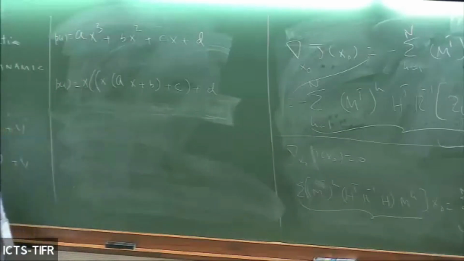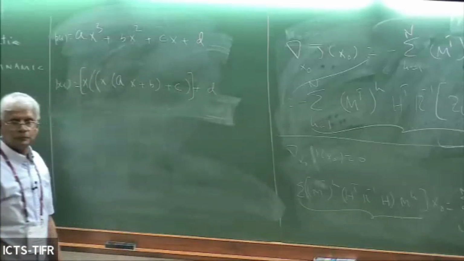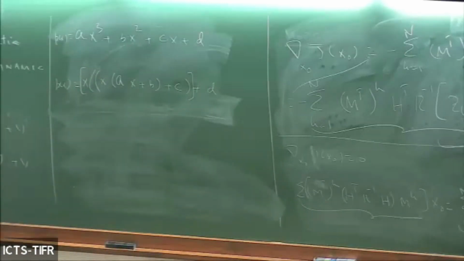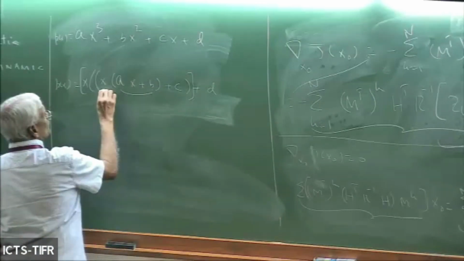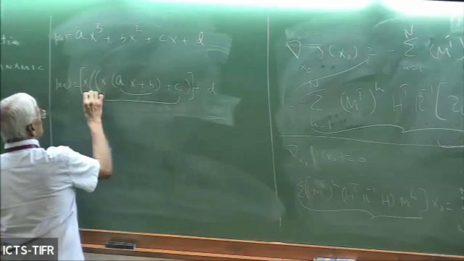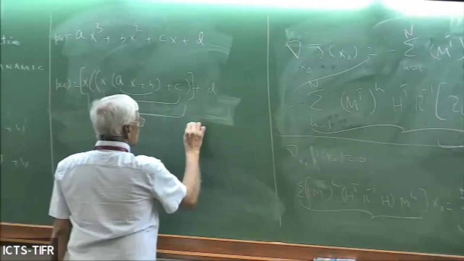Are you with me? a x plus b, then that becomes the coefficient of that by c, that becomes the coefficient of that plus d. This method is called Horner's method.